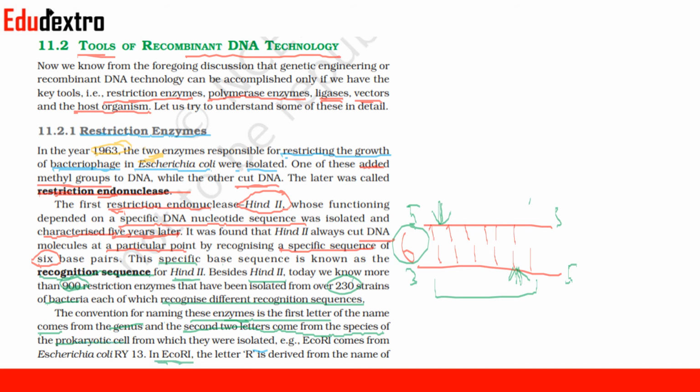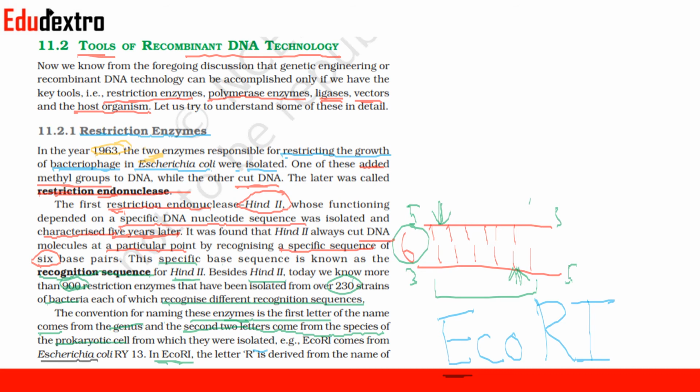Now let us enlarge this name, EcoRI. The first letter, E, comes from Escherichia.